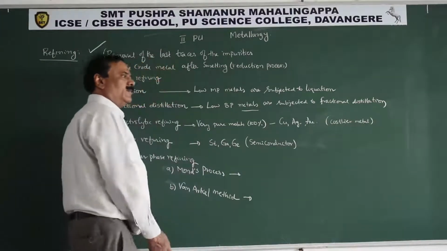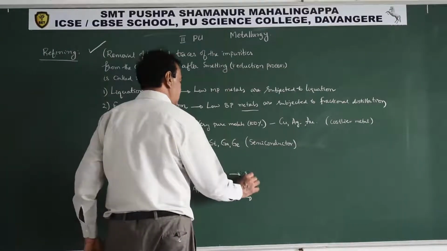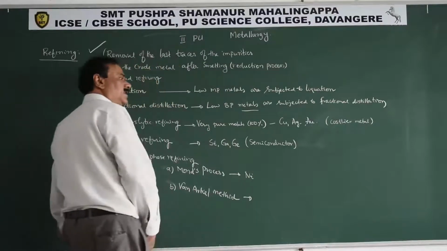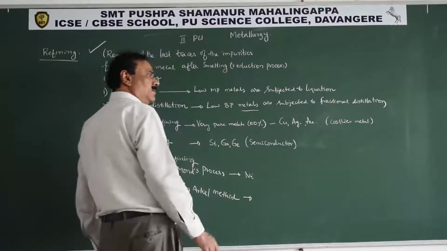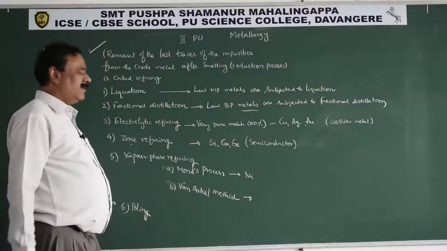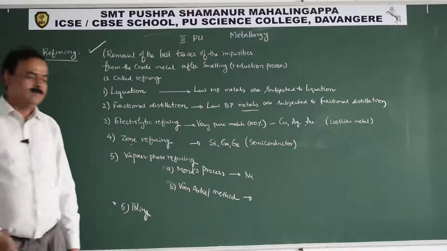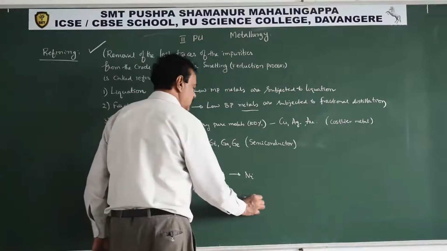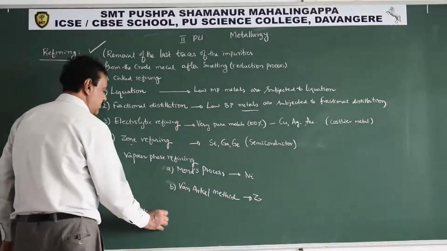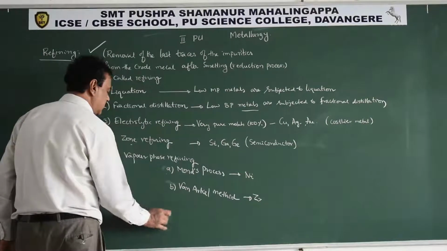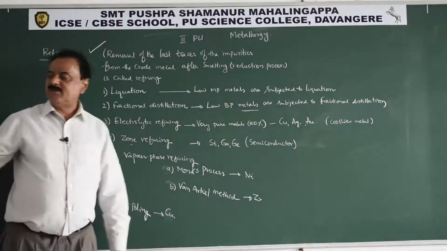Nickel is obtained by means of Mond's process. Titanium can be obtained by means of the Van Arkel method of refining, and zirconium metal is also obtained by the Van Arkel method. Copper is obtained by means of poling and also the electrolytic method of refining.